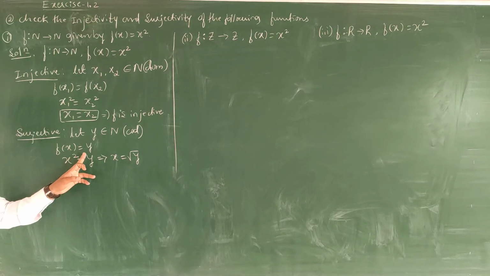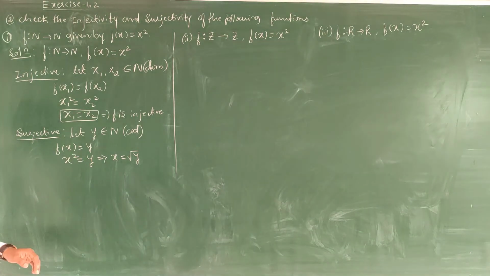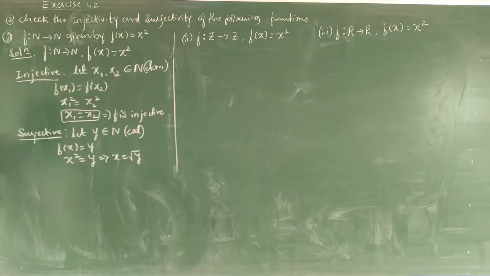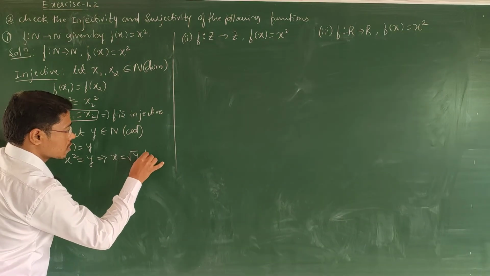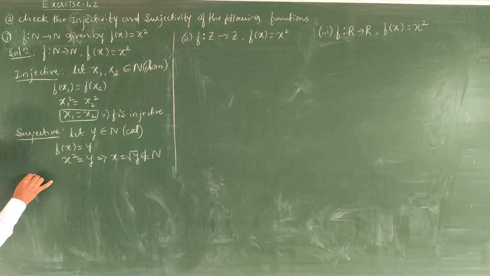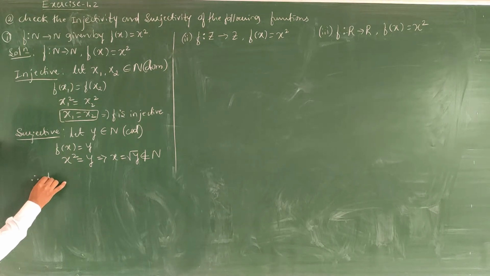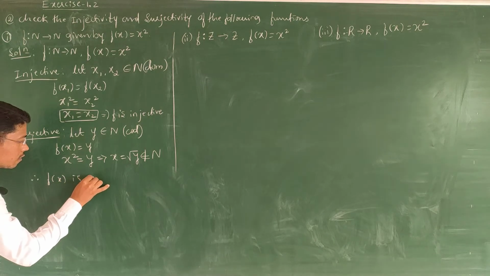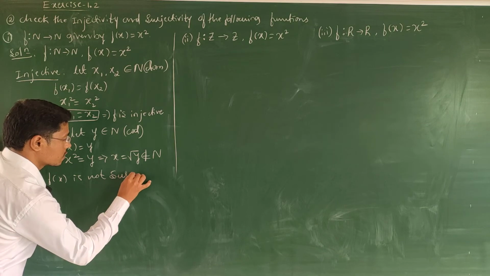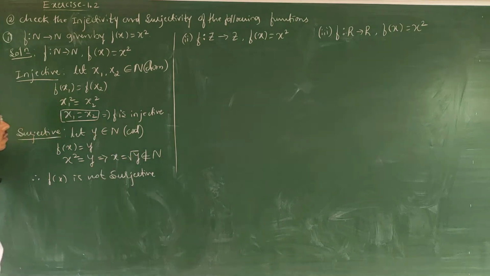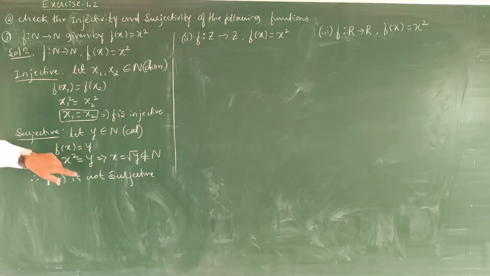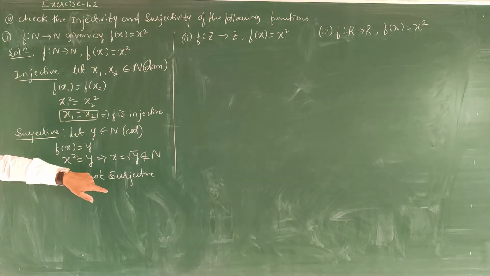So the square becomes square root when it is transferred to the RHS. x equal to root y. So see, this is an irrational number. These types of numbers don't belong to the set of natural numbers. Therefore, f of x is not surjective. Okay, so f from n to n, f of x equal to x square is one-one but not onto, injective but not surjective.